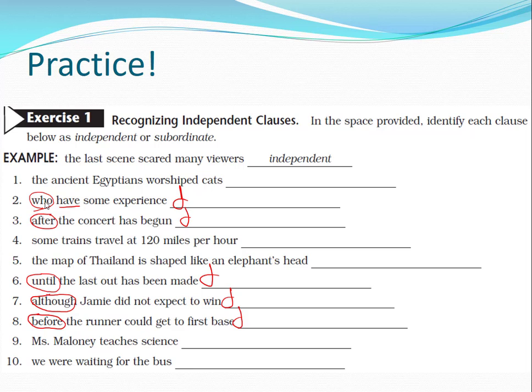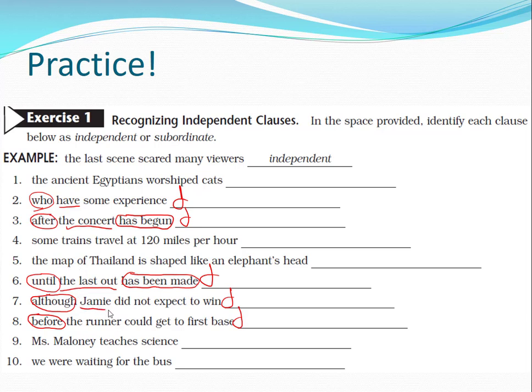If we go to number 3, we have the concert as the subject and has begun as our verb. So it's a clause. Dependent, but it's a clause. Let's go to number 6. The last out will be our subject and has been made our verb.